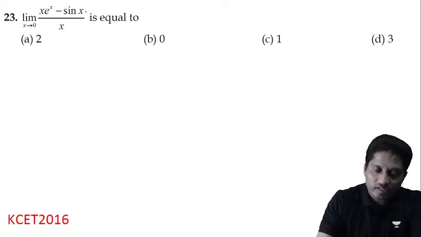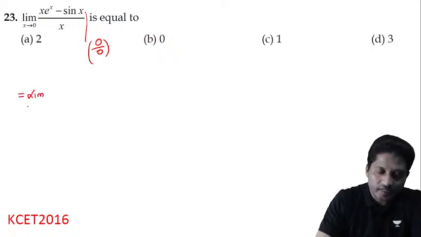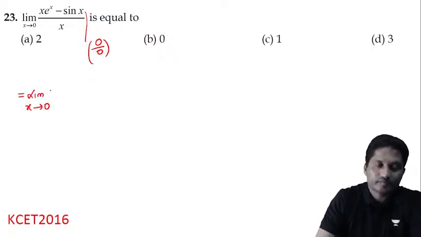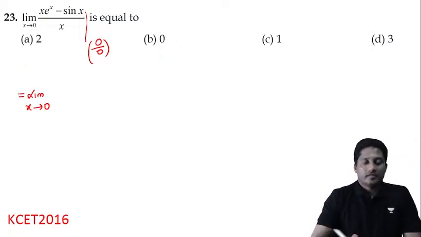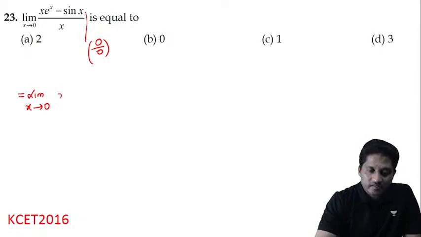If x is tending to 0, I'll get this as 0 by 0 form. So I'll differentiate the numerator and denominator separately. We'll use L'Hopital's rule. First function is x, differentiation of e to the power x is e to the power x, plus second function is e to the power x, differentiation of x is 1.